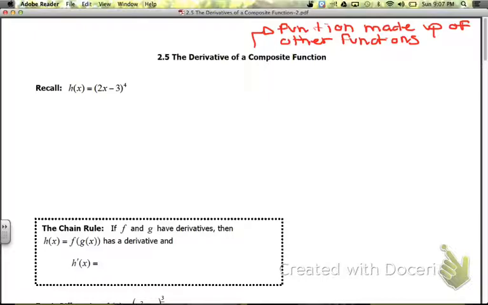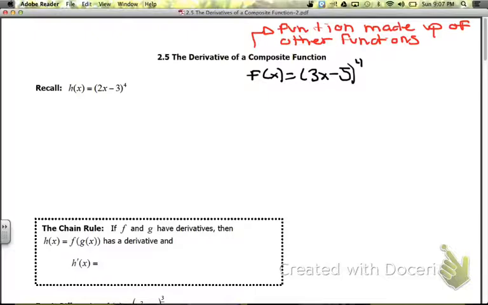Now, is this a composite function? f of x equals (3x minus 5) to the power of 4. Is that a composite function? You look at this and you think to yourself, is this made up of more than one function? To the eye, you may think at first, no, this is just one function.